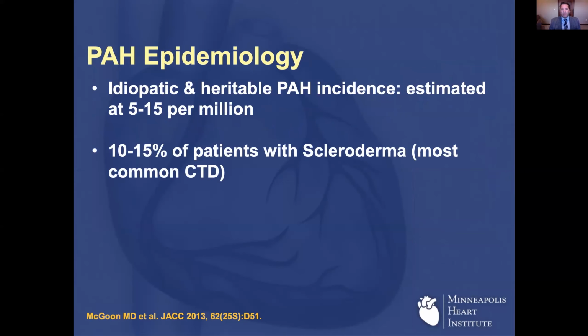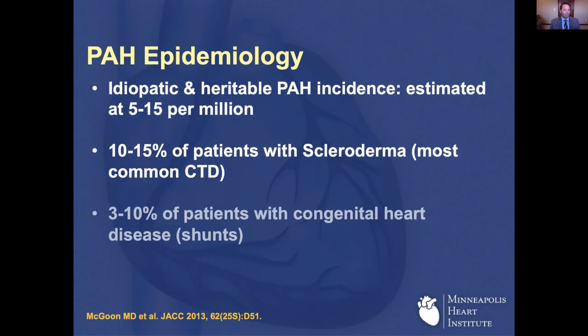10 to 15% of patients, however, with scleroderma will develop pulmonary arterial hypertension, and these patients often warrant close evaluation and follow-up with yearly echoes. And the most common connective tissue disease associated with pulmonary arterial hypertension is scleroderma.